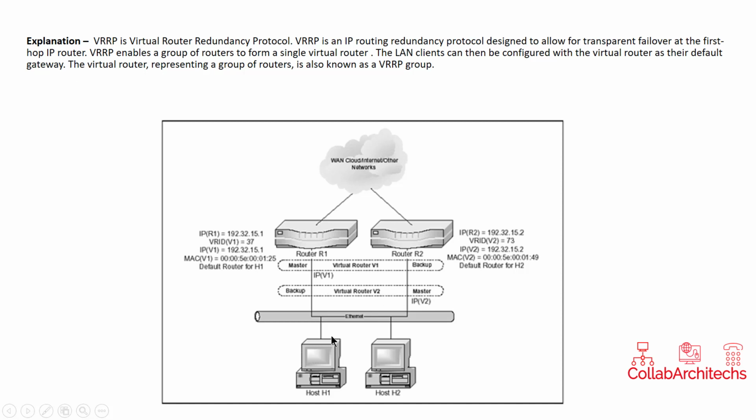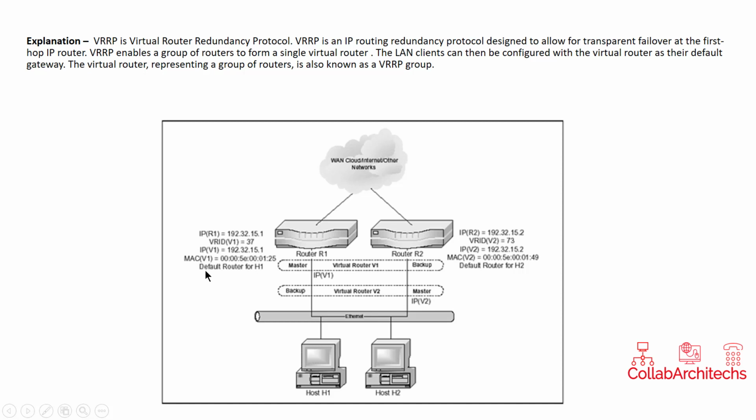In this diagram, this is the host, this is the Ethernet, and these are the two routers. Failover is done at the Ethernet level, the LAN level. The LAN client can then be configured with the virtual router as its default gateway.